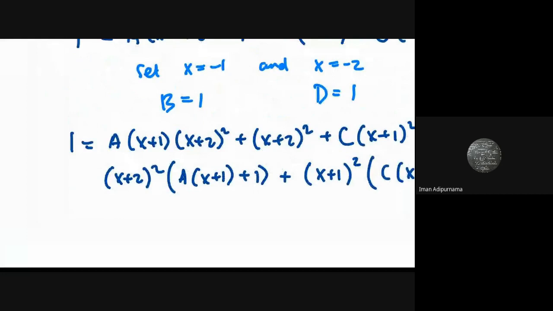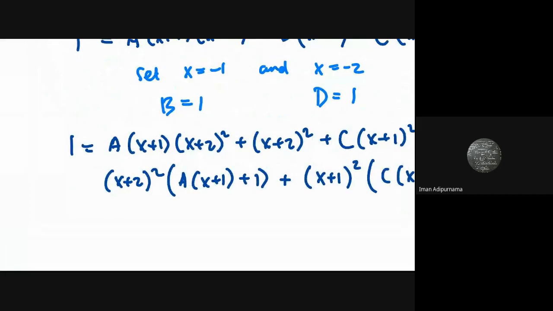Okay, let me just finish this. This will be ax plus a plus 1. This will be x squared plus 2x plus 4.